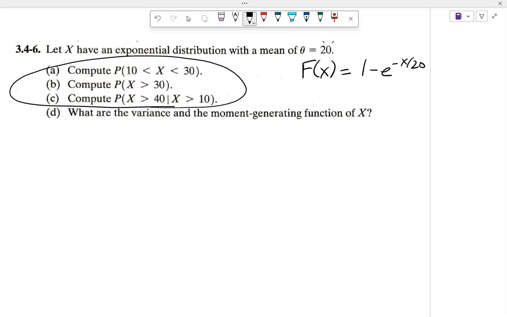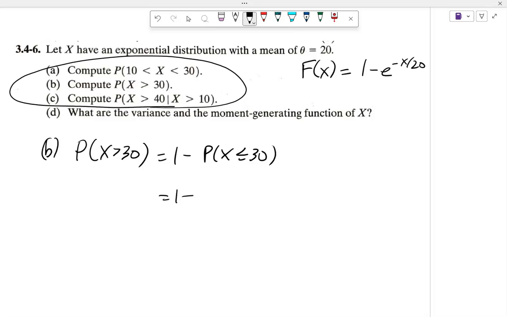Before we do A or C, let's do B. How would I rewrite B in terms of the distribution function? Good. 1 minus to flip it around, right? And then this is the distribution function at 30, isn't it?